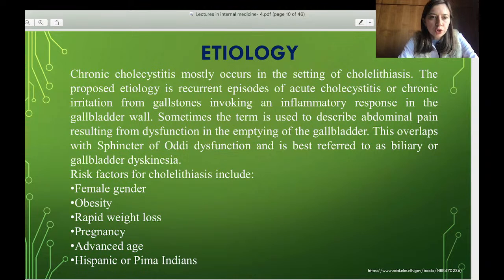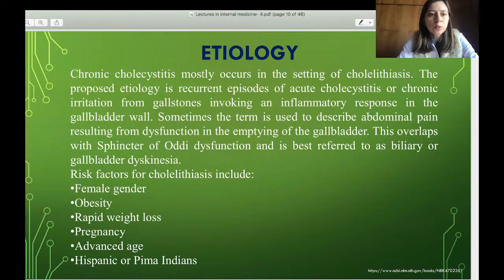Okay, etiology. Chronic cholecystitis mostly occurs in the setting of cholelithiasis. The proposed etiology is recurrent episodes of acute cholecystitis or chronic irritation from gallstones invoking an inflammatory response in the gallbladder wall. Sometimes the term is used to describe abdominal pain resulting from dysfunction of the emptying of the gallbladder.